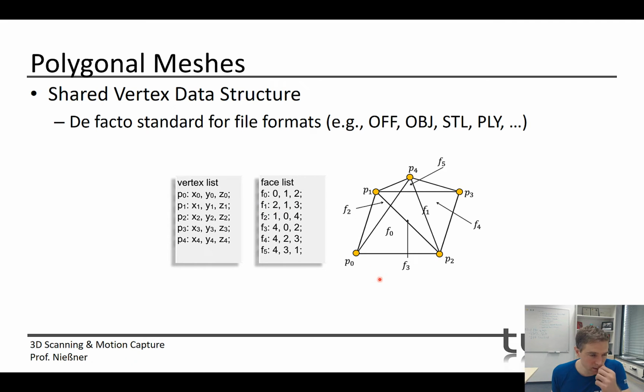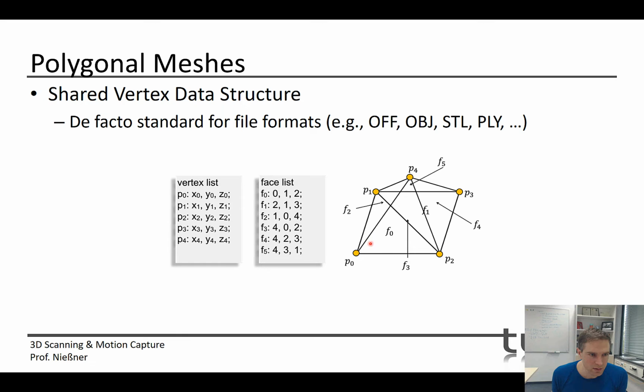And let's make clear what this means. So we have here these 5 vertices. These are these pyramids, right? So here's the 0th vertex, first vertex, second vertex, third, and fourth. And now if we look at face 0 here, it's a little bit confusing. Face 0 is this face here at the base of the pyramid, right?